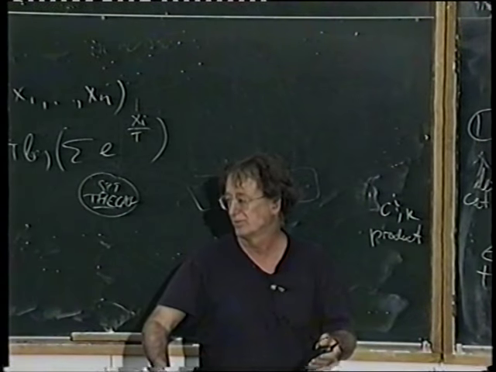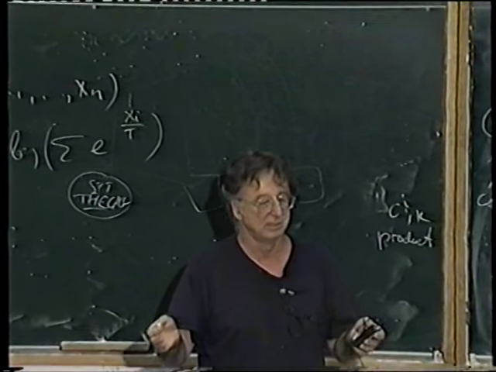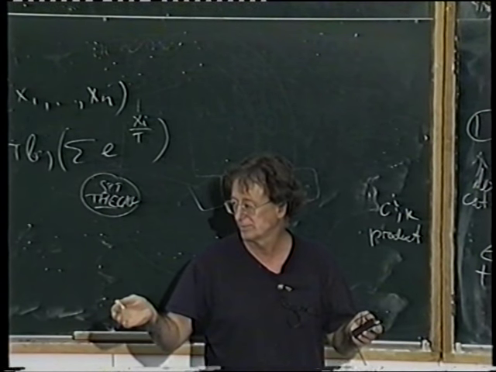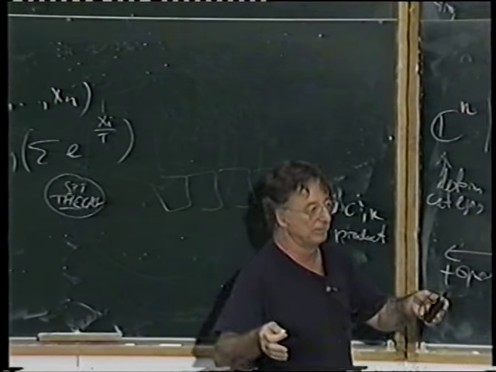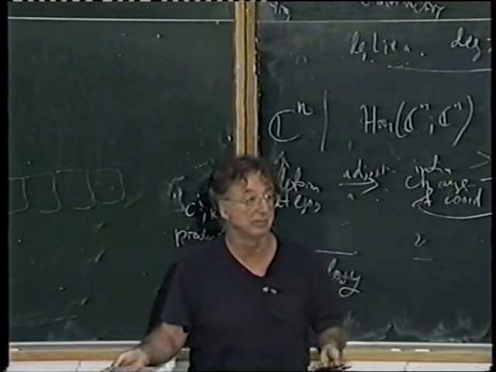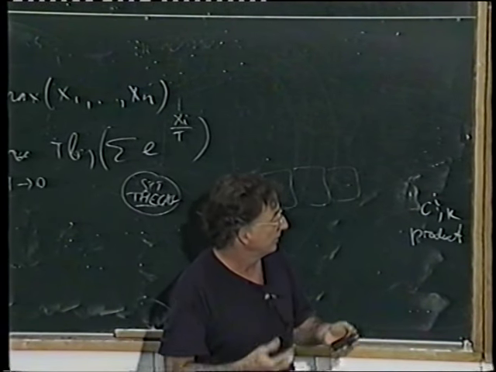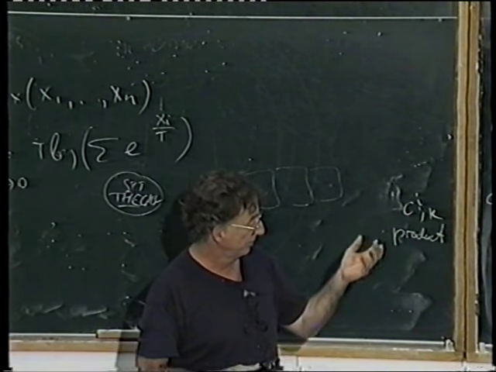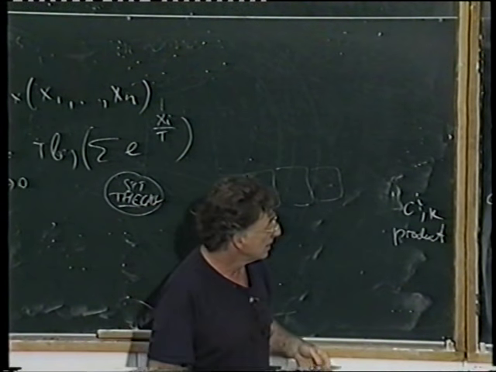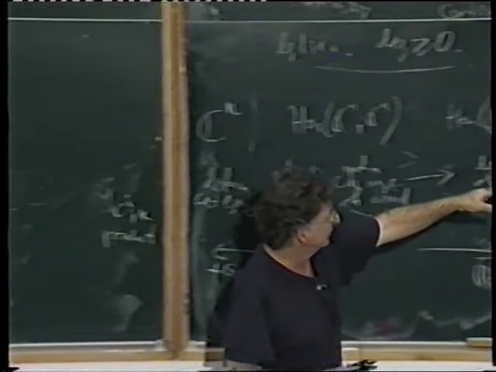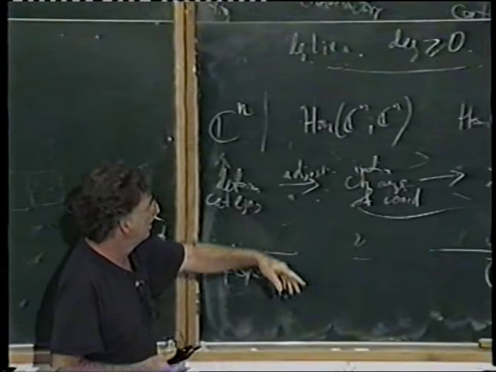You truncate to the first 1,000 again. That'll be a multiplication on functions with this limited approximation. It won't be associative. So anything you do practically will lead to a non-associative structure.